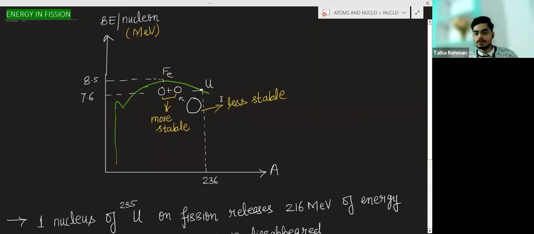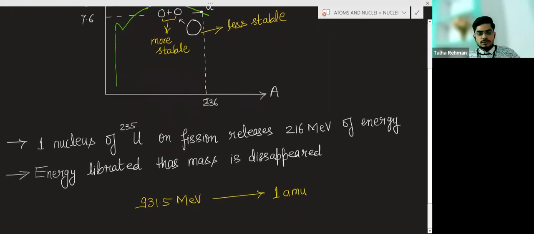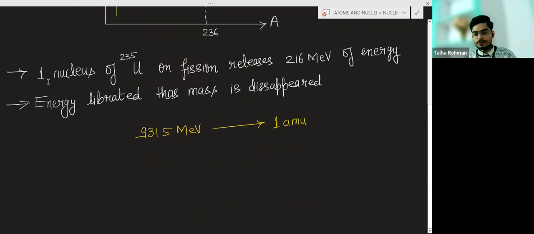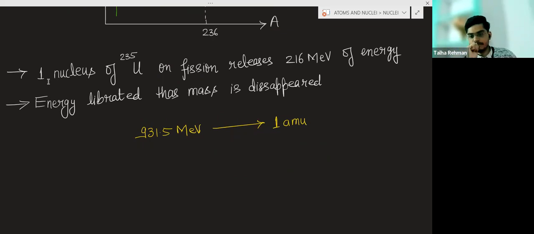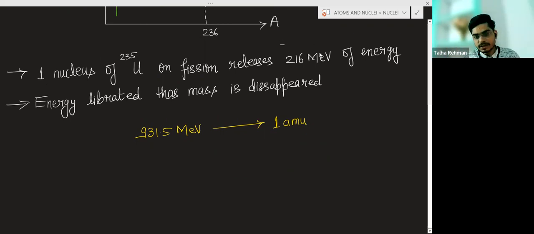Now if we are taking one nucleus of uranium-235, on fission of one nucleus of uranium-235, 216 mega electron volt of energy is released.